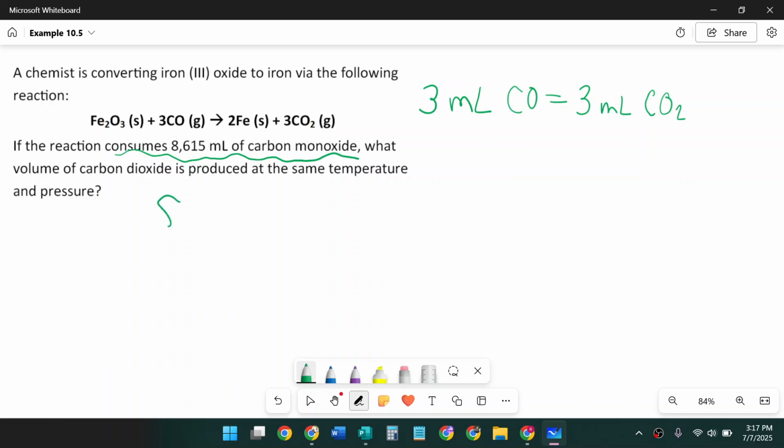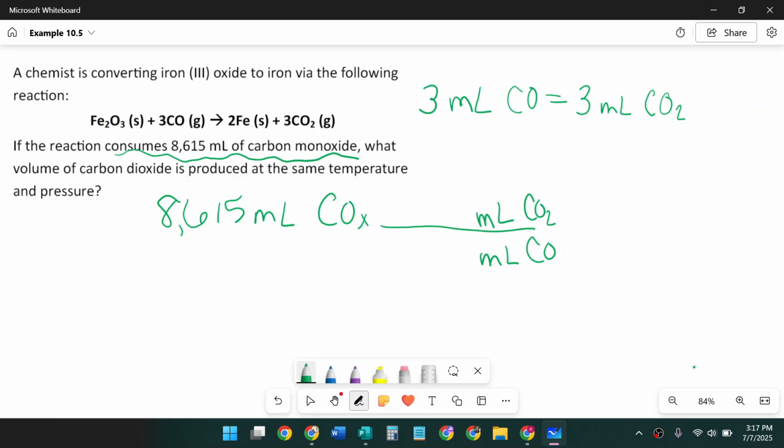And because we have 8,615 milliliters of carbon monoxide, we can take this relationship that we just wrote down that's based on these numbers right here, and we can multiply this by a conversion factor. So we want to get rid of milliliters of carbon monoxide, and we want to figure out milliliters of carbon dioxide. This one has a 3, so we put a 3 on the bottom. This one also has a 3, so we put a 3 on the top. Our units will cancel, leaving us with the units that we want.